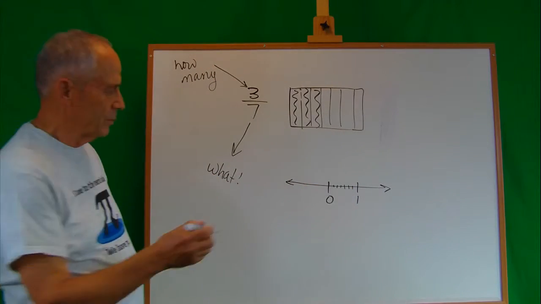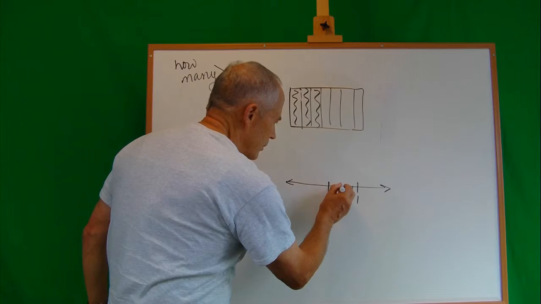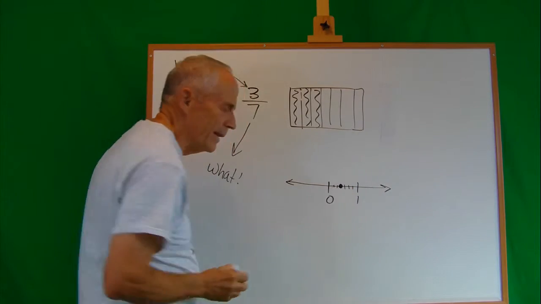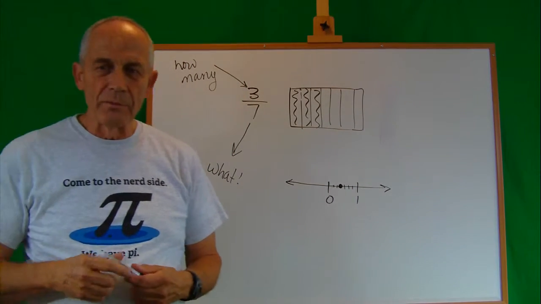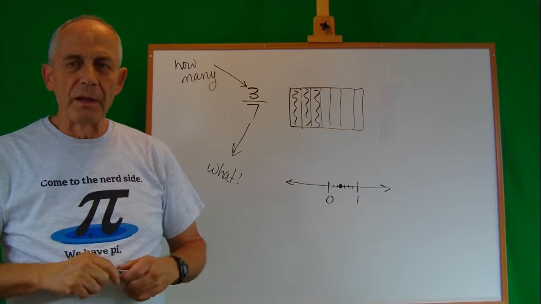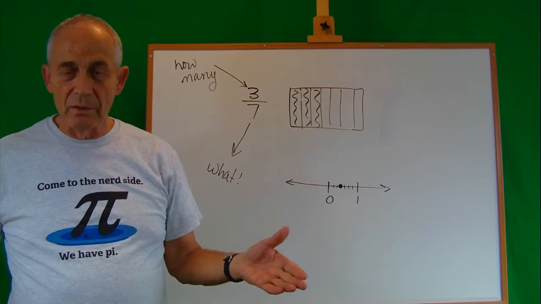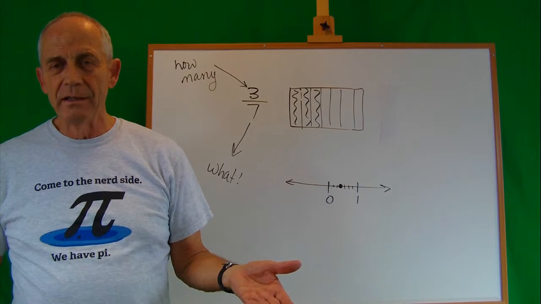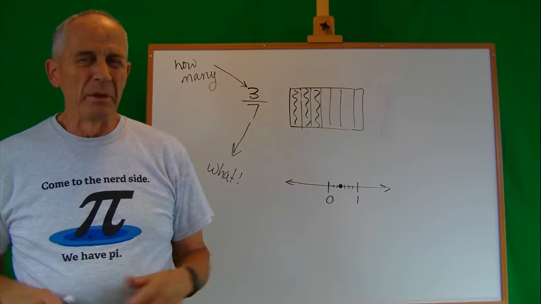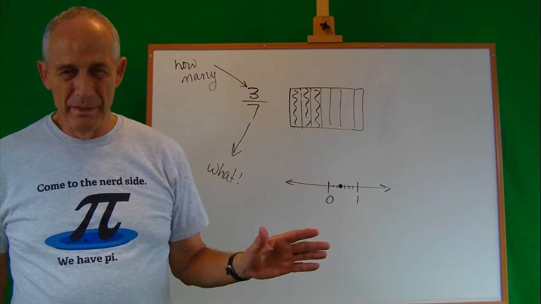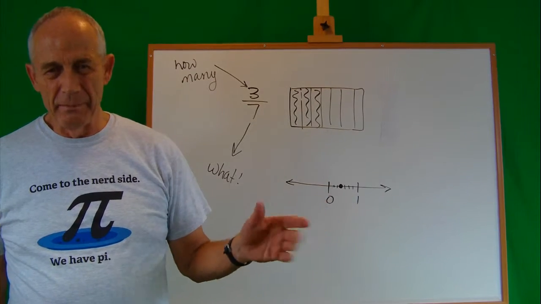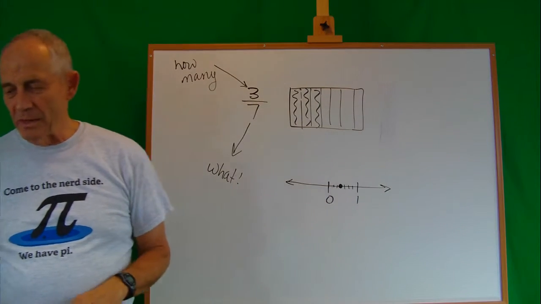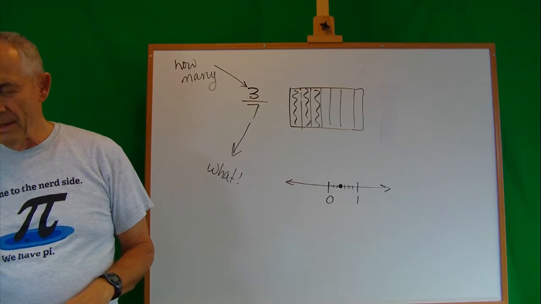Then 3/7 would just be right there. So if you look at a number line with all those numbers, everything in between the whole numbers are fractions. That's where the fractions are. But we're so afraid of them, we don't even want to write them. We pretend they're not there. But they are, and so we might as well learn how to deal with them.